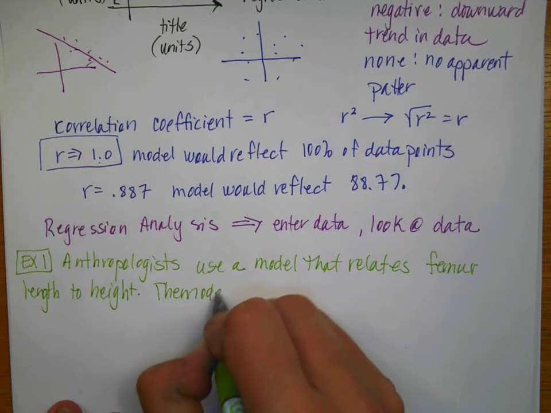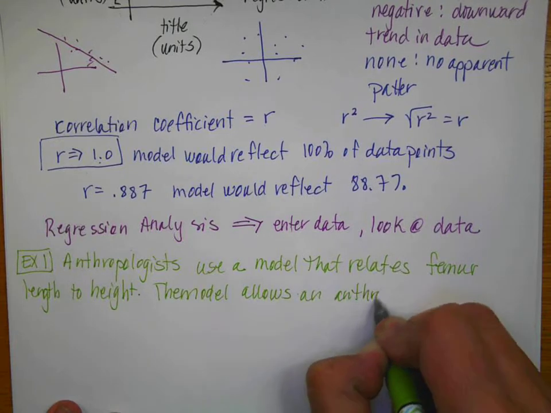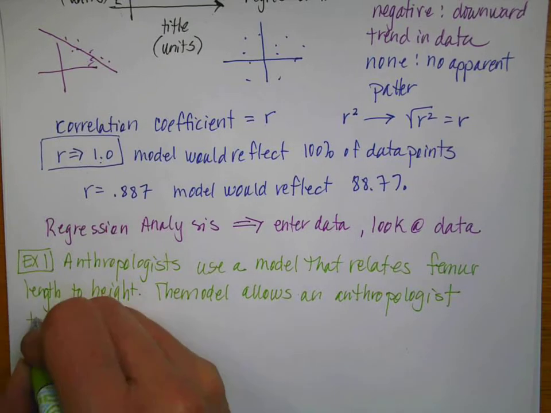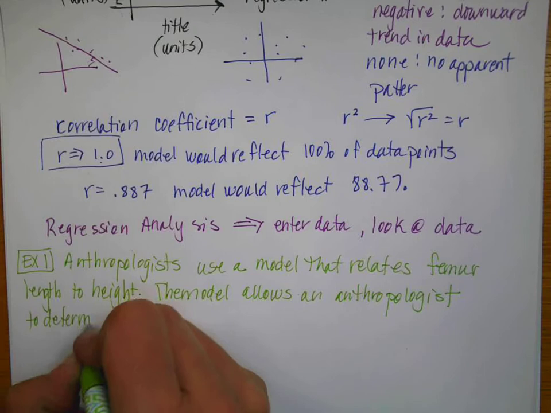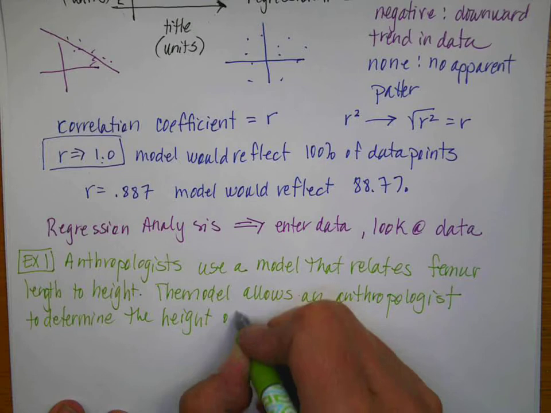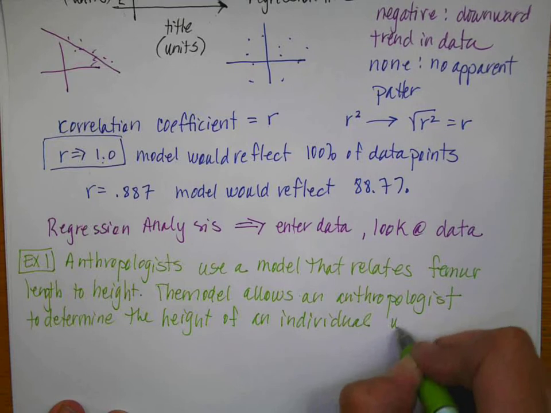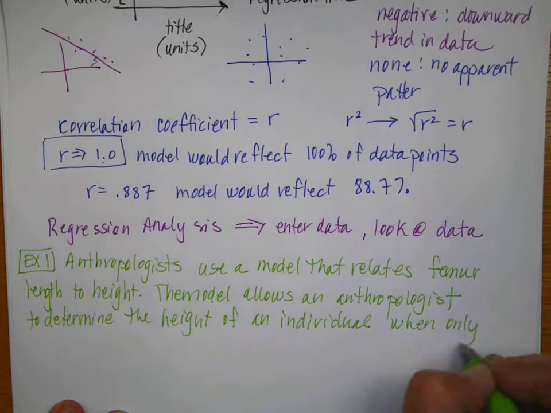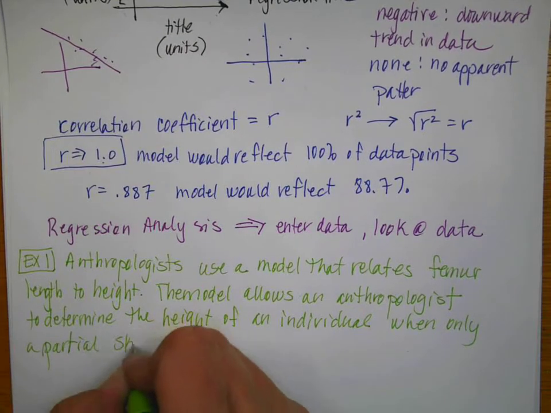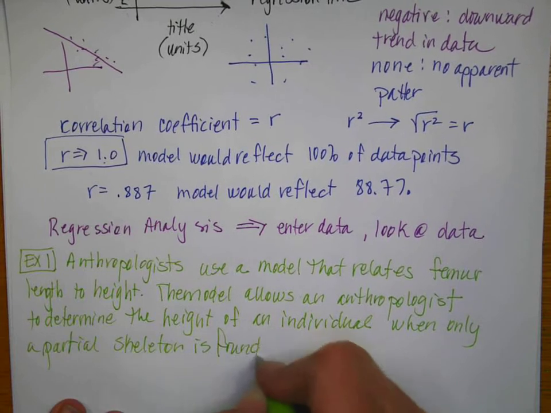The model allows an anthropologist to determine the height of an individual when only a partial skeleton is found.